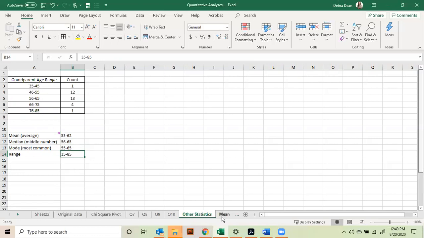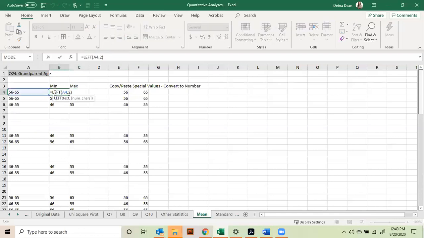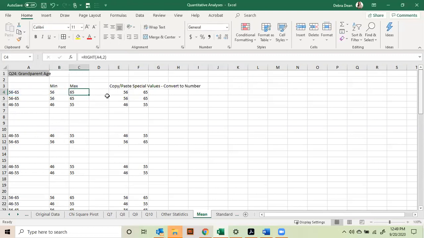So let me show you how the mean was calculated. Because we have this already in a category, we need to bust it out. So here you see this is the minimum age in the category, and this is the maximum age in the category. And I did that easily by using a formula, the left side and the right side. Basically what that does is it lets you see what's the left side of this cell with 2 spaces, and then what's the right side over here.